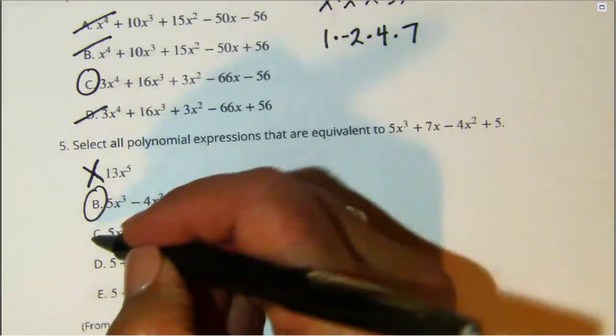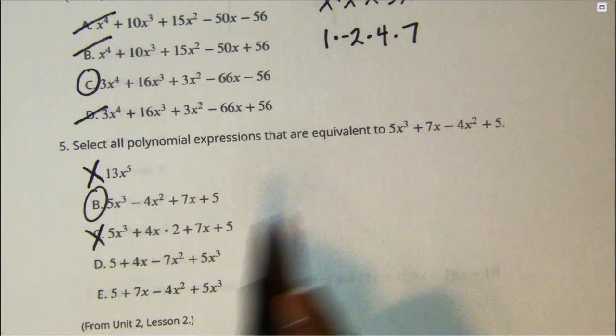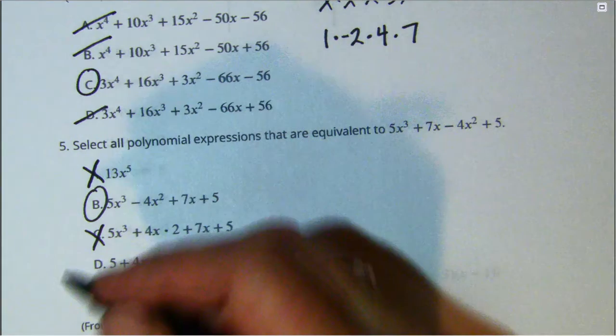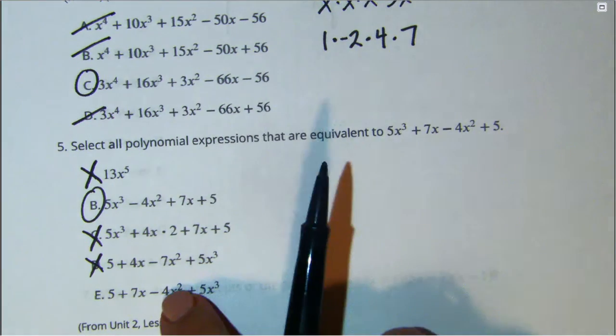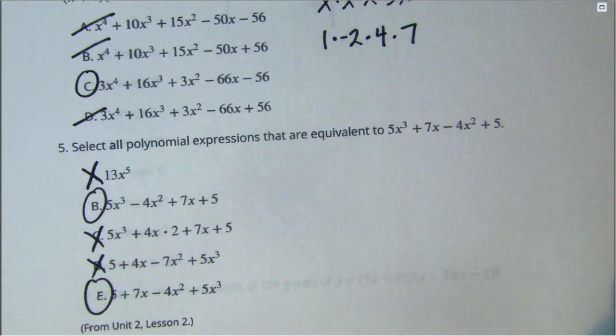No. They got the 5, a positive 4x. No. And that's a negative 7. Nope, doesn't match. 5, positive 7x, we're good. Negative 4x squared, yes, this one works. B and E.